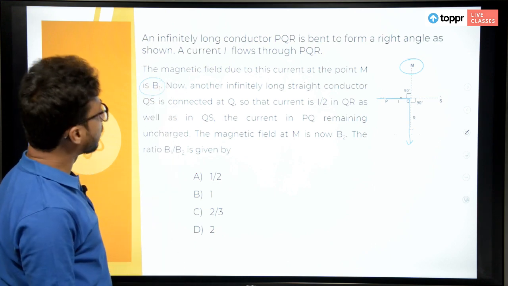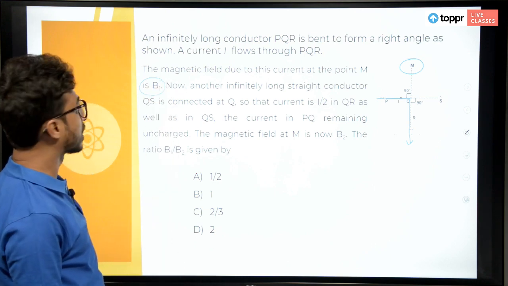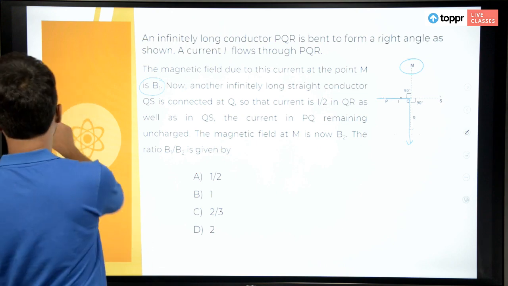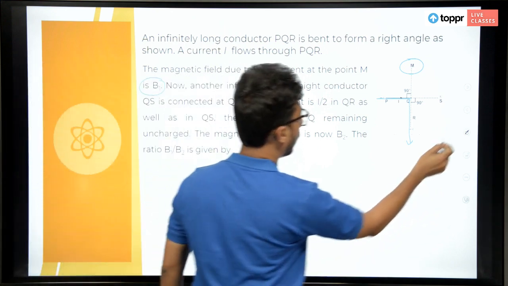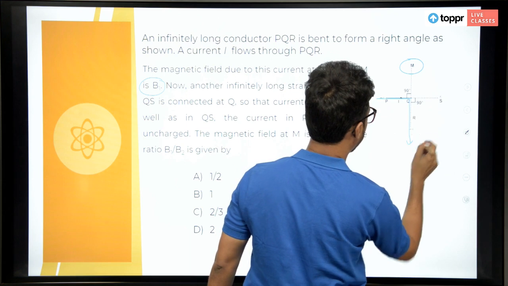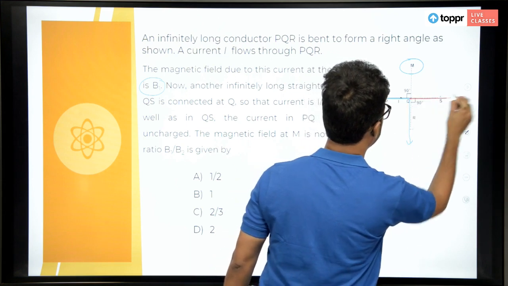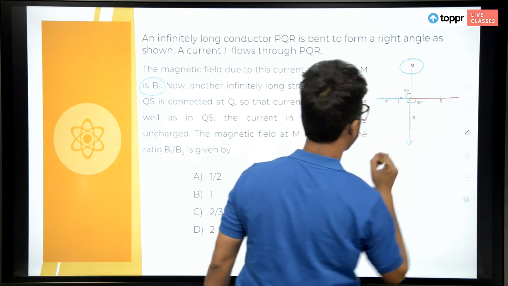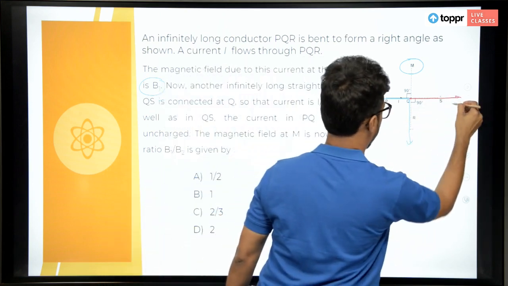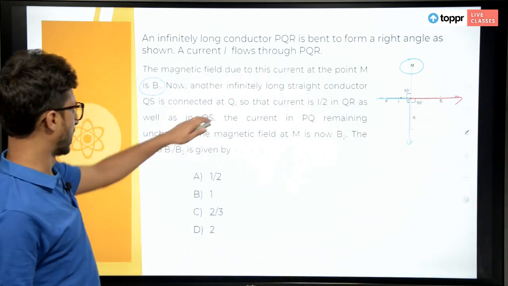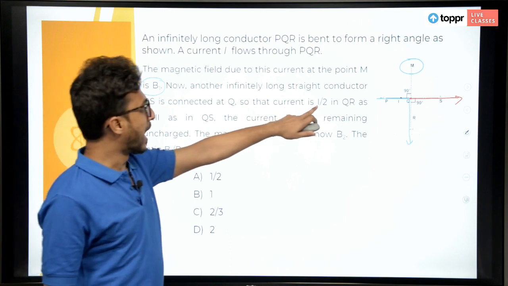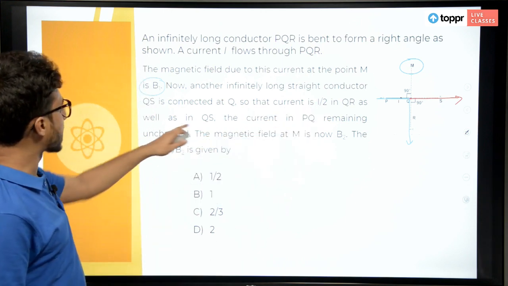Now another infinitely long straight conductor QS is connected at Q. This is the point Q. So another infinitely long straight conductor is connected at point Q, so that the current is I by 2 in QR as well as in QS.